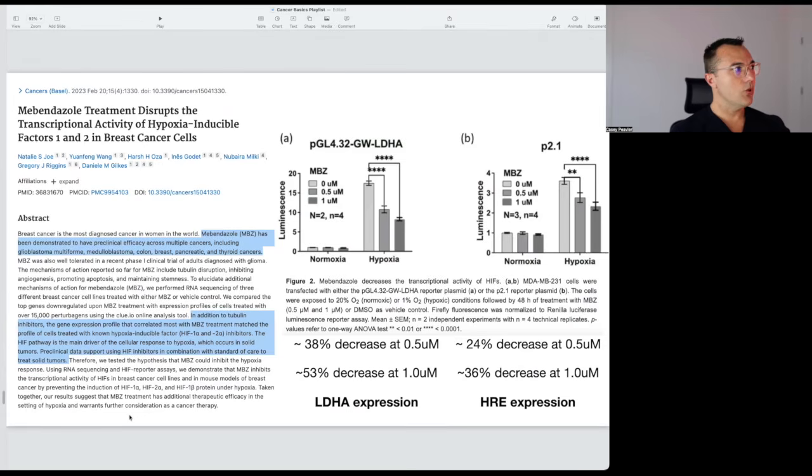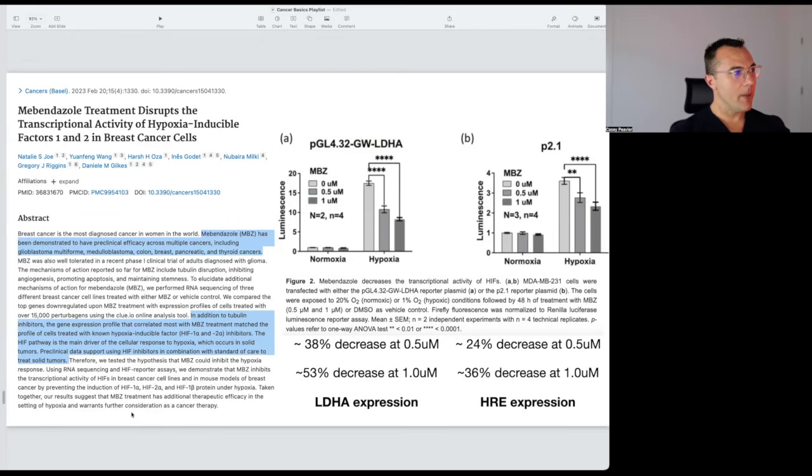So I'm going to start out with this particular paper that was published in February of 2023, titled Mebendazole Treatment Disrupts the Transcriptional Activity of Hypoxia-Inducible Factors 1 and 2 in Breast Cancer Cells.